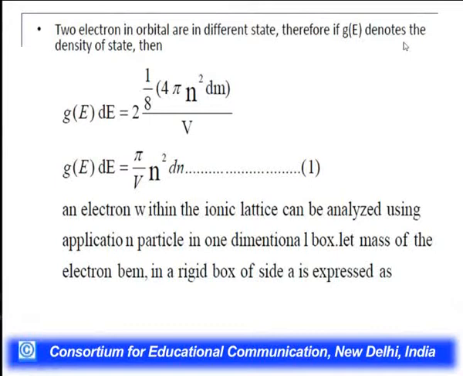Therefore, G(E) denotes the density of states in the interval dE, which is equal to 2, for the 2 electrons, one spin up and one spin down, multiplied by 1 by 8 times 4 pi n square dN divided by V. Now here G(E) dE is equal to pi by V n square dN.